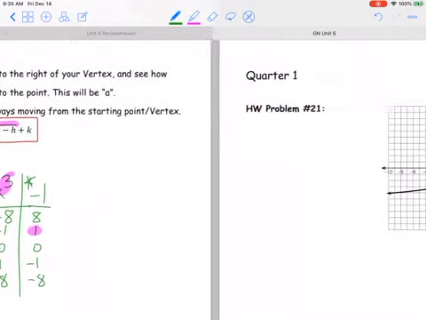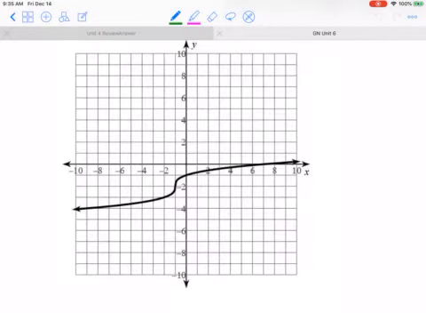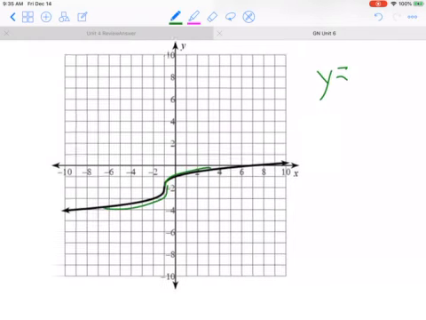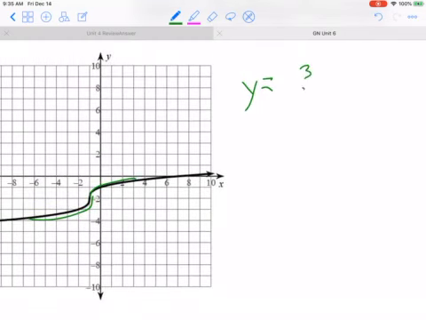Okay, let's look at the next homework problem, 21. Notice here, what's my parent graph? You got a square root and another one flipped upside down, so you know it's a cube root. And then we have our -h plus k and our a in front. So start with the parent graph and work your way out. So our vertex, maybe it's a little hard to see on this one, but it's right here, right where it stops going to the right and it starts going to the left.